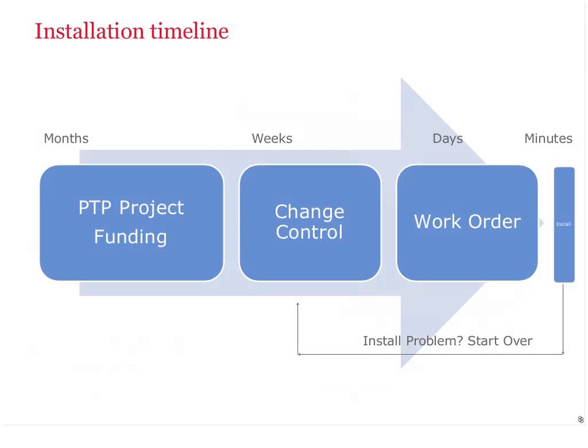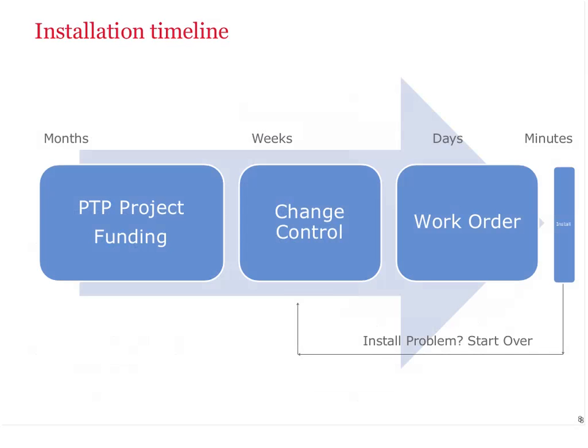So what I've realized in doing this, these agents, anyone on the call could spend a day with the manual, and probably has, and get these agents installed. It's not technically difficult to install the agents when you have the access, when you have just a little bit of AutoSys knowledge. The problem we face is the institutional. We have to get the funding, we have to get the change control, we have to get the work order.